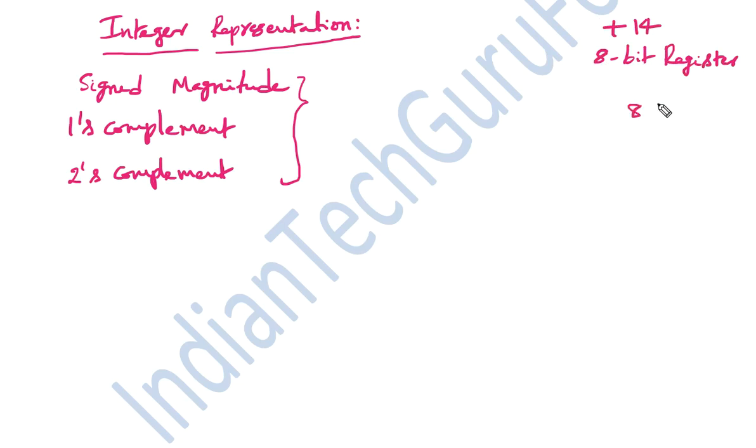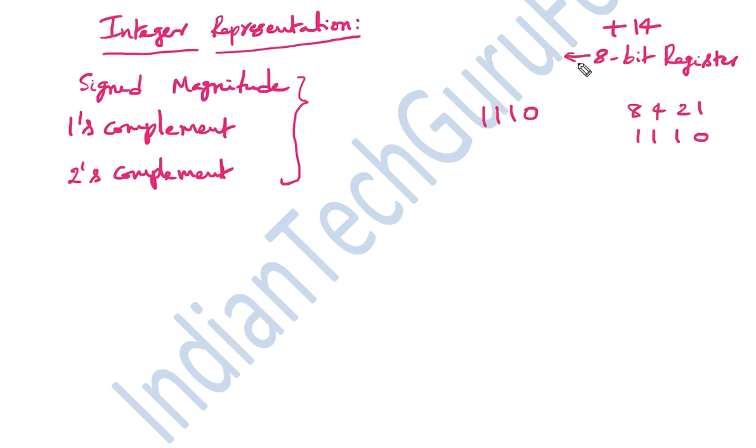We know the 8421 code. So 14 means 8 plus 4, 12, 12 plus 2, 14: 1110. This is the 4-bit value for 14, 1110.